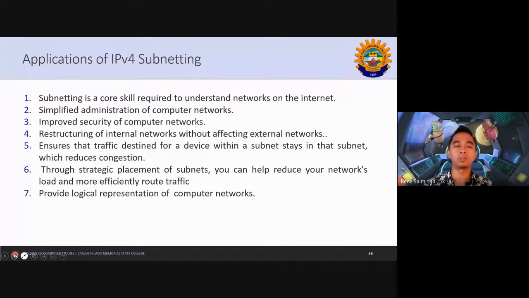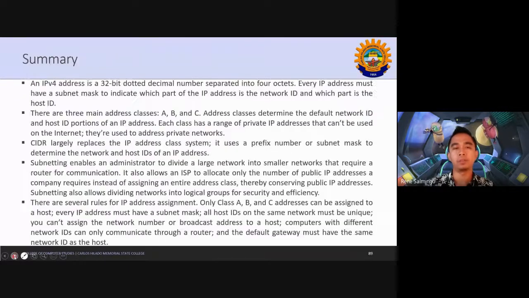This ensures that traffic destined for a device within a subnet stays in that subnet, which reduces congestion. Through strategic placement of subnets, you can help reduce your network load and more efficiently route traffic, and provide a logical representation of the computer network. So these are the applications of subnetting.